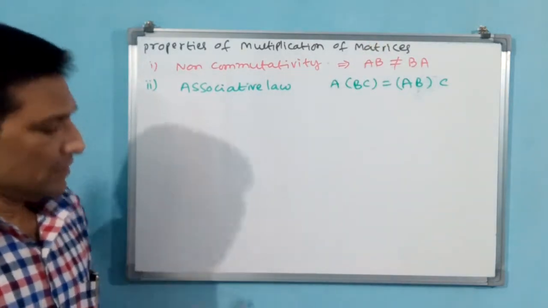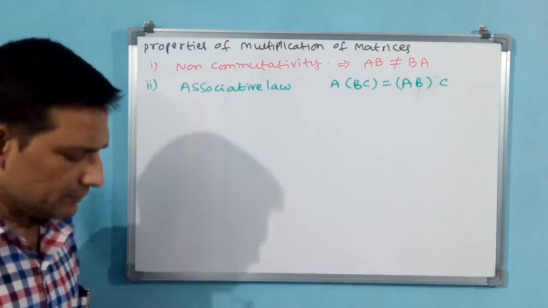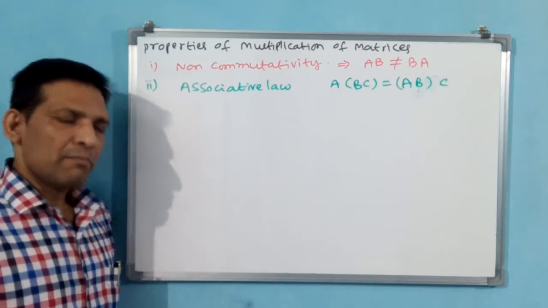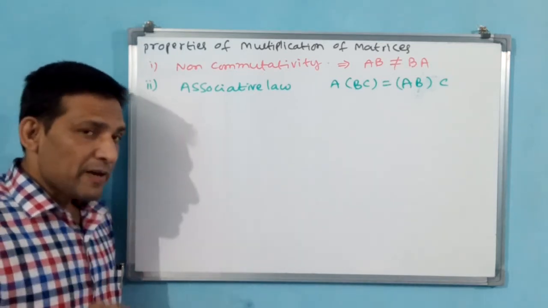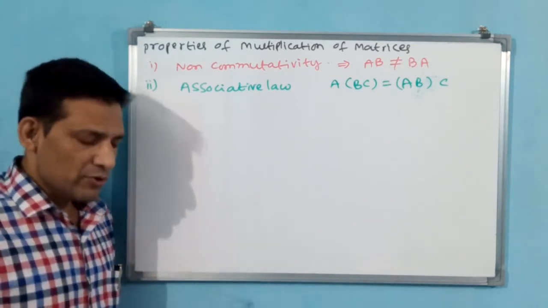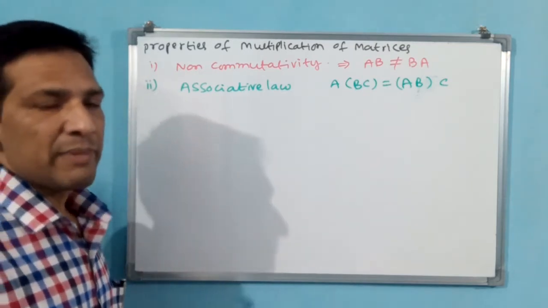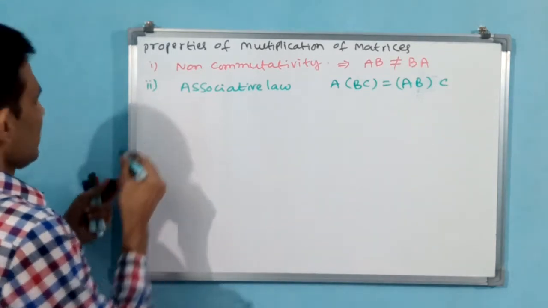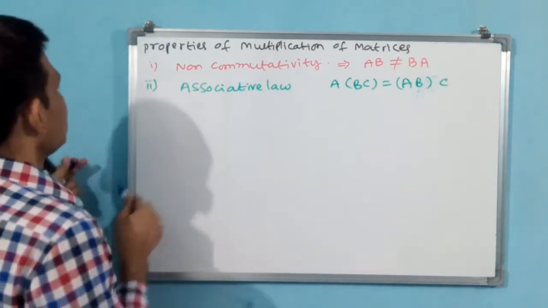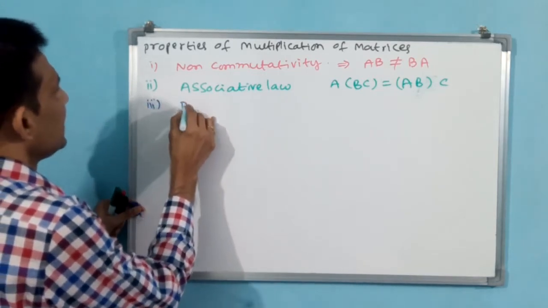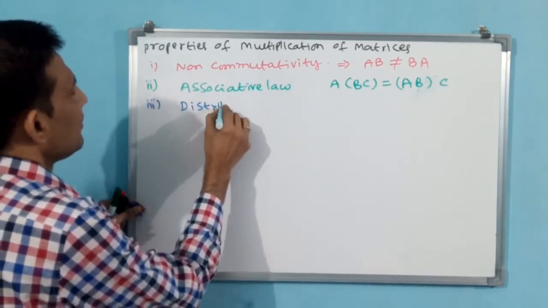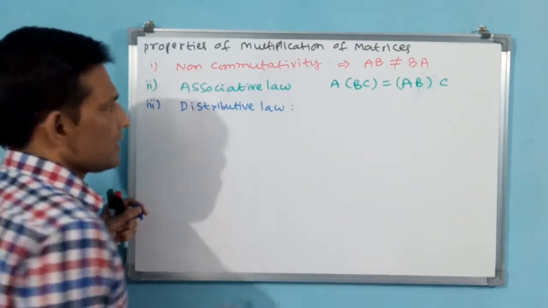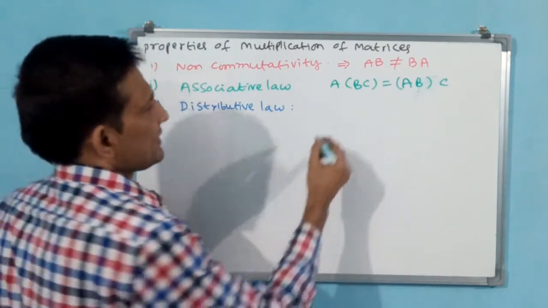Now we have seen one thing: every time after addition, multiplication properties will come. After multiplication properties, only the distributive law is going to come. Why? Because addition and multiplication are both mixed in the distributive law. Let us see the distributive law here. It contains 2 parts.